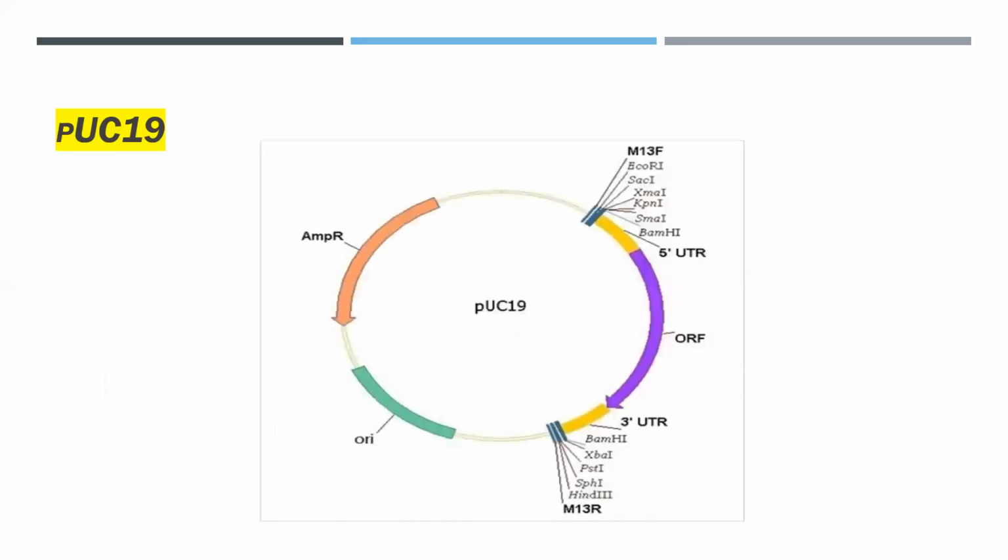This is the pUC19 vector. This is the ampicillin resistance gene. This is the origin of replication. These are restriction enzymes: BamHI, XbaI, PstI, SphI, HindIII.